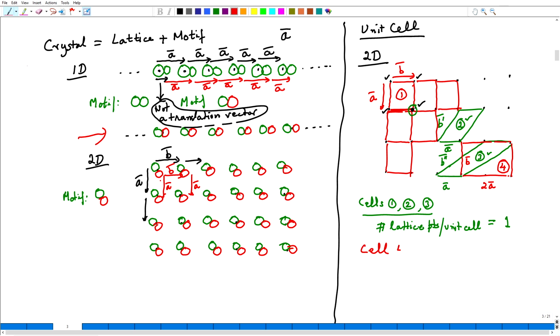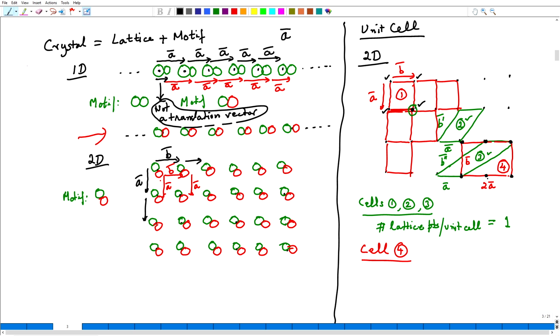Now, cell 4. If I look at it, there are obviously again corner lattice points, and there are two more lattice points in the center of these two opposite edges.